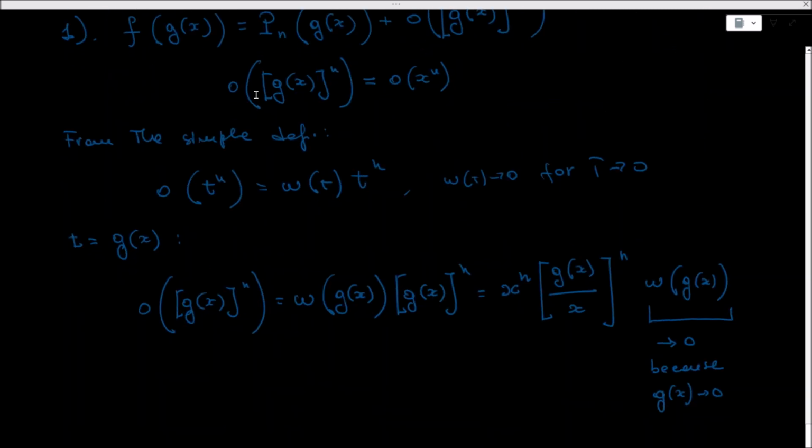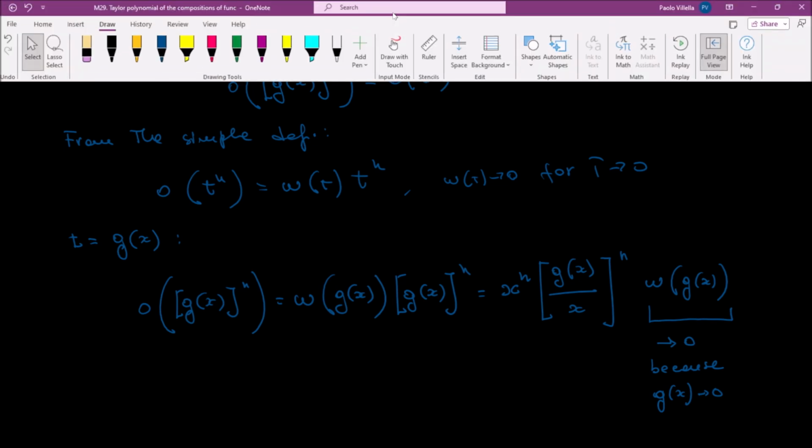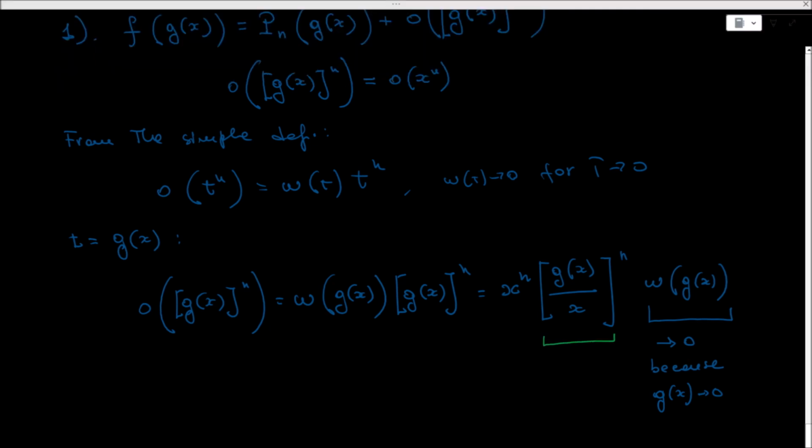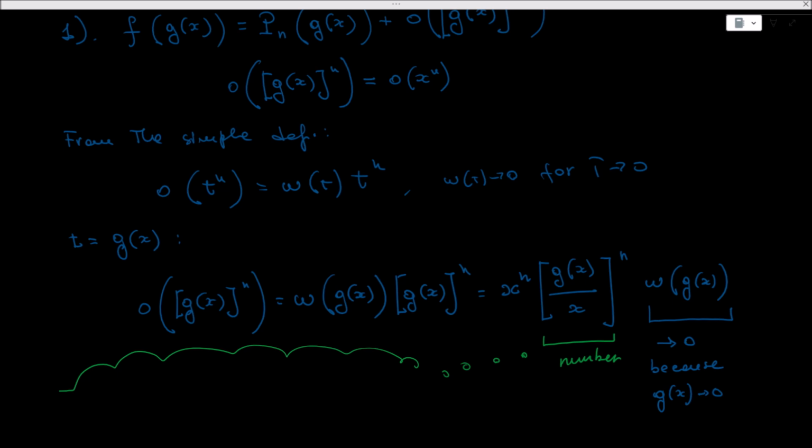So if g goes to 0, omega of g of x of course goes to 0. Now the second thing we want to look at is this other term that we got. I say that this term is just a number. Let me prove this fact.